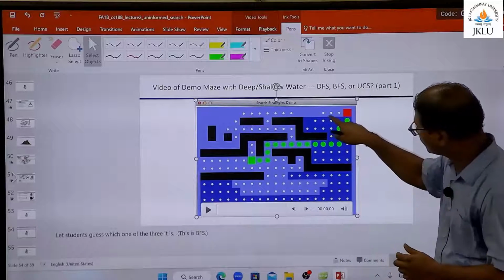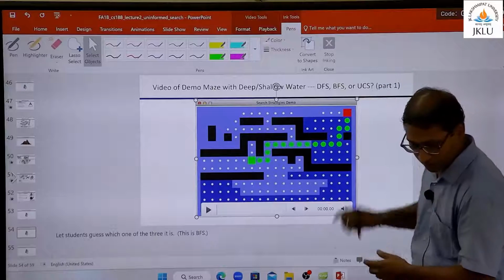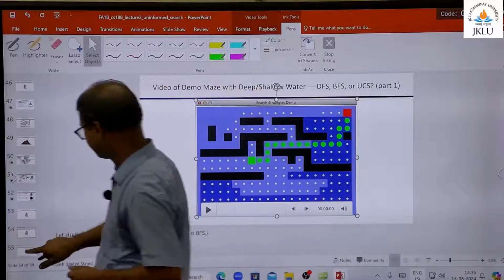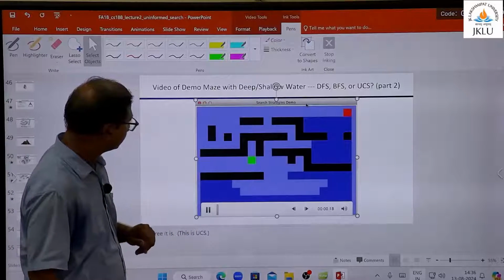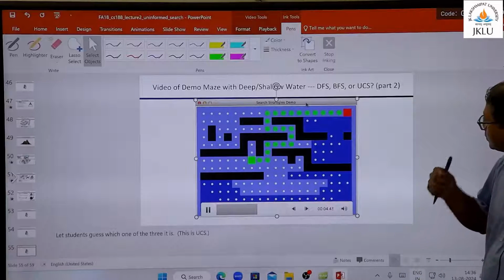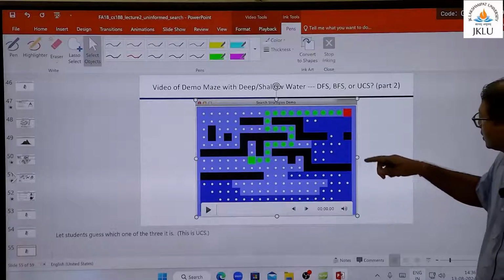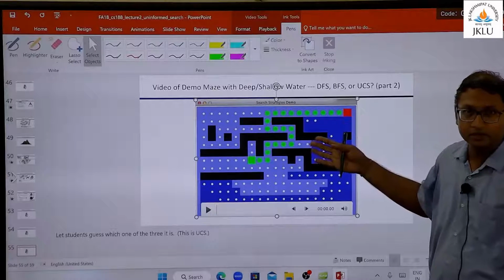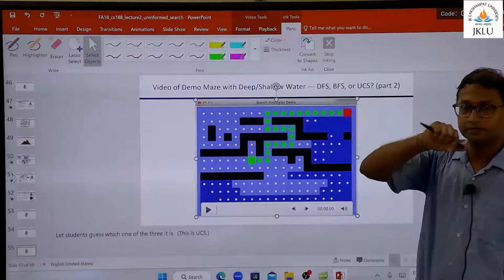So cost to move is higher here, lesser there. So it turns out to be this one. Now next. Now what has happened? Same thing again. So what is happening in all these three animations?